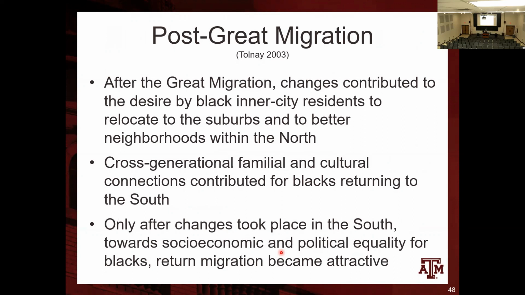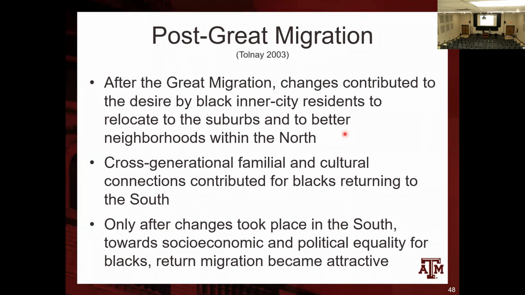After the Great Migration, changes contributed to the desire by Black inner city residents to relocate to suburbs and to better neighborhoods within the North. So we start to have the migration evolution, right? People might move from rural areas to urban areas, and as they improve economically, they start to move to other urban areas with better housing, with better schools, with better access to health services.